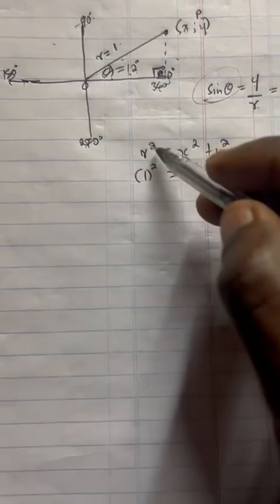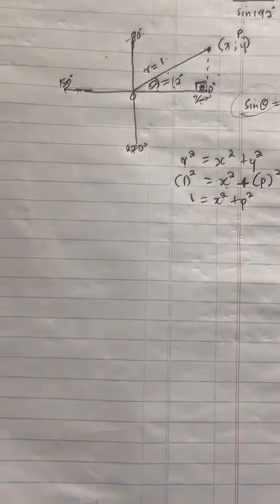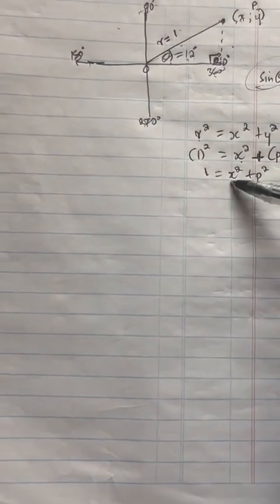So Pythagoras theorem states that r squared equals x squared plus y squared, and then we replace. Our r is 1, our x is unknown, and our y is p, which is squared here, and then we're going to have 1 equals x squared plus p squared.